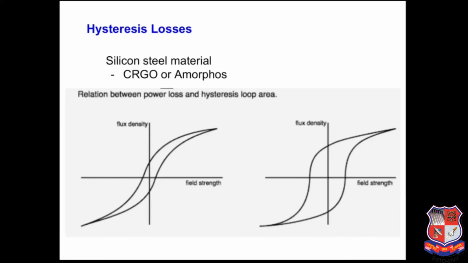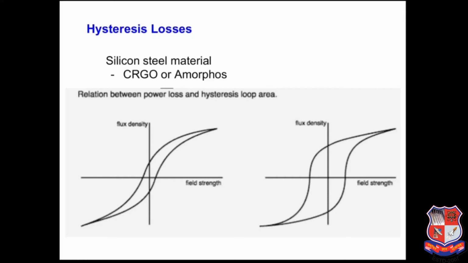First, hysteresis loss. Hysteresis loss depends on the type of material used in the lamination of the core. Generally silicon steel material is used. Silicon is added to the steel, so the BH loop is narrowed. So the internal area is reduced, and hysteresis losses can be minimized.